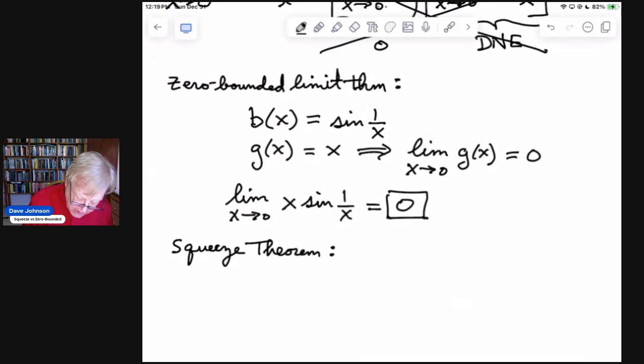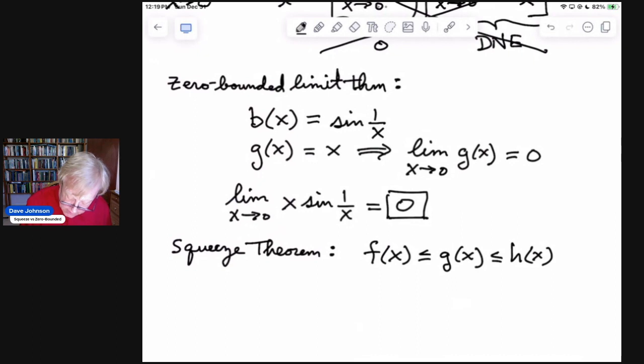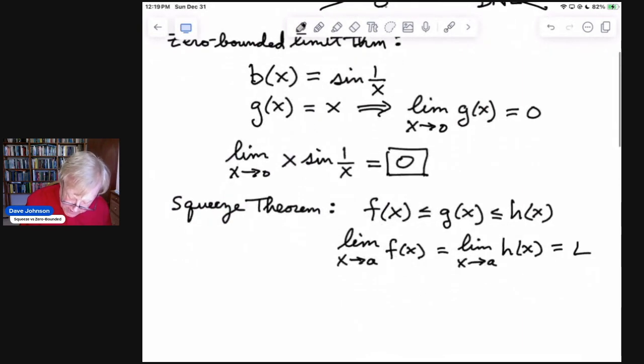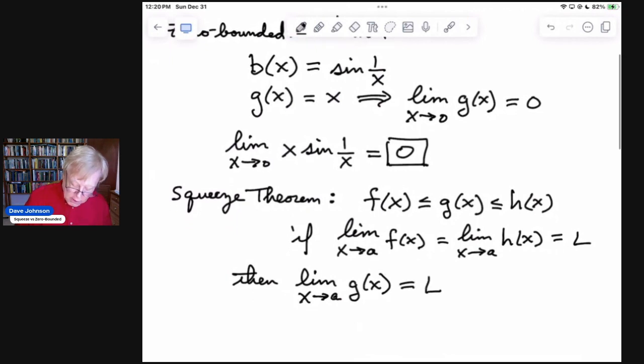And if you watch the other video that I did, it says that as long as you have an inequality, f of x less than or equal to g of x less than or equal to h of x, if you can find an inequality for which that's true, and if the limit as x approaches a of f of x is equal to the limit as x approaches a of h of x, and those are equal to the same limit, call it L, then if these statements are true, the limit of the middle function, the limit as x approaches a of g of x, is also equal to L.